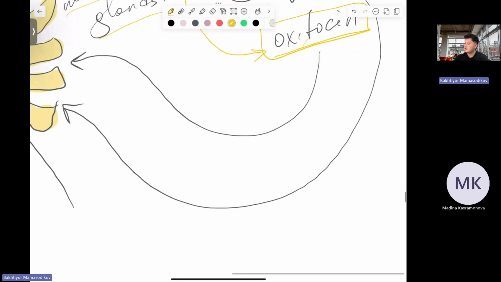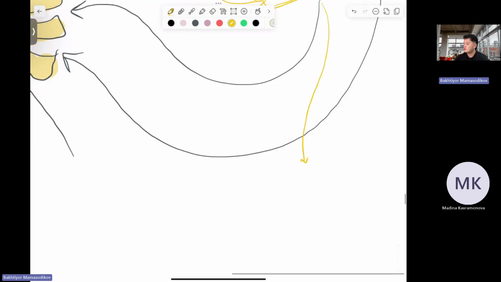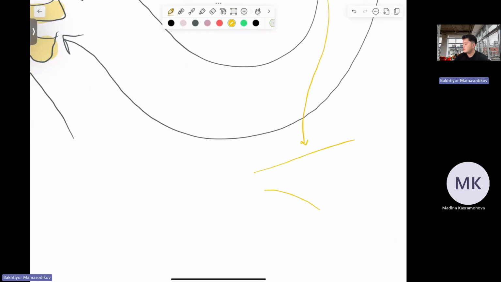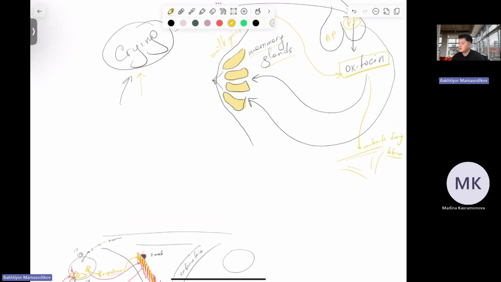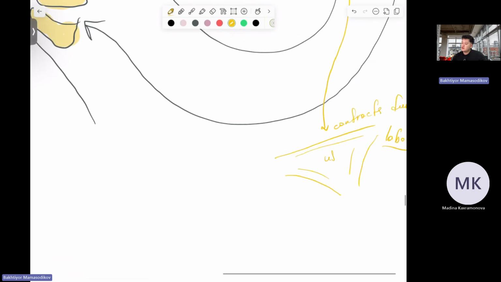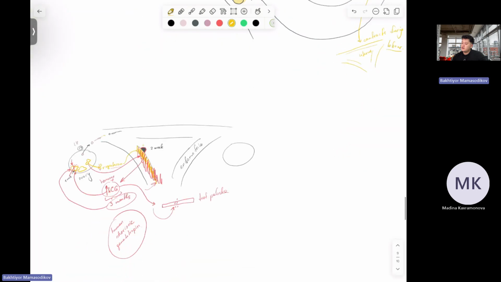And another amazing function of oxytocin is it goes to the uterus and contracts it. It contracts the uterus during labor, okay? While giving birth, the oxytocin is released. It contracts the smooth muscle of the uterus and helps in giving birth, okay?